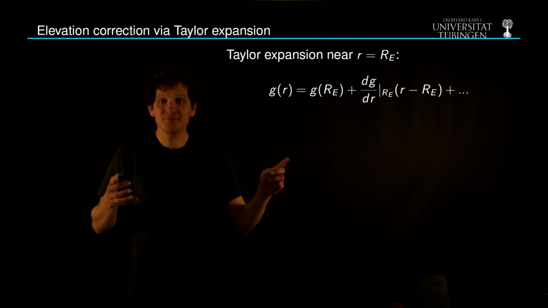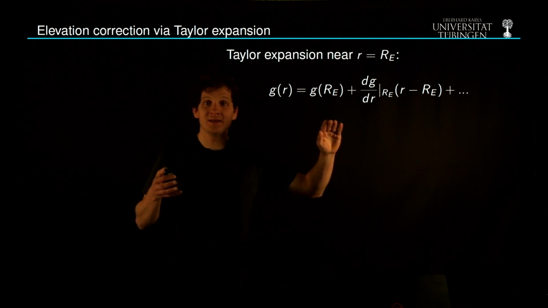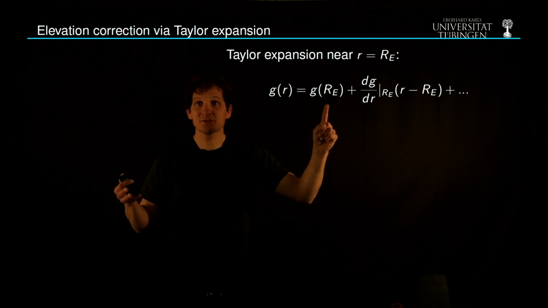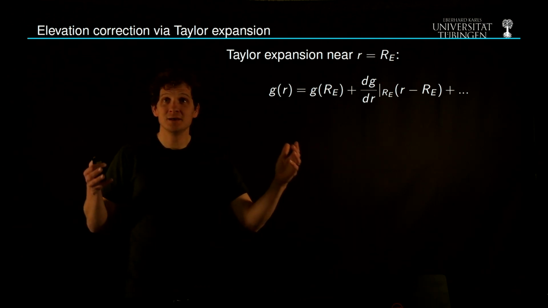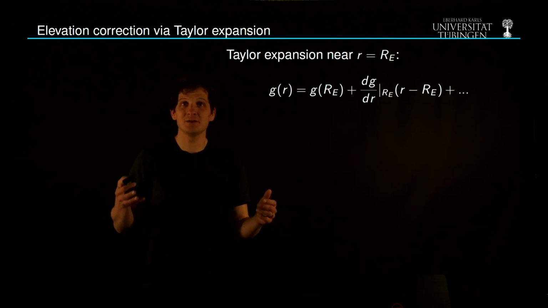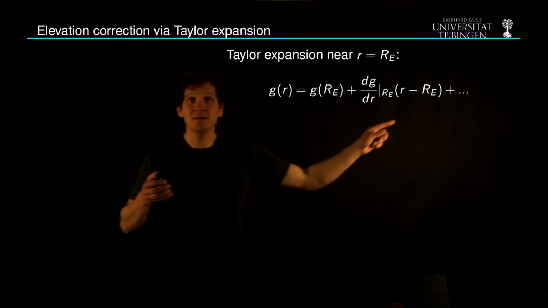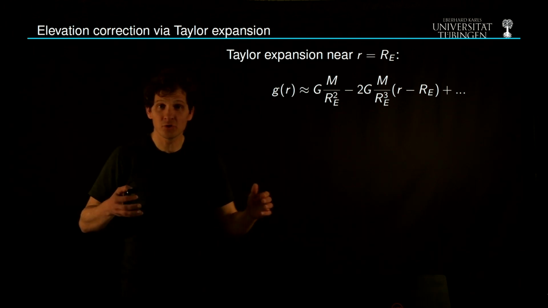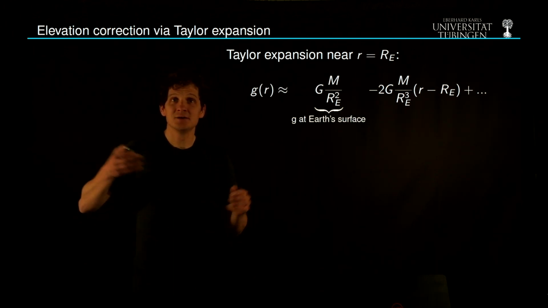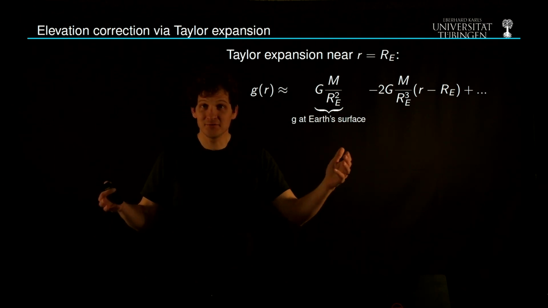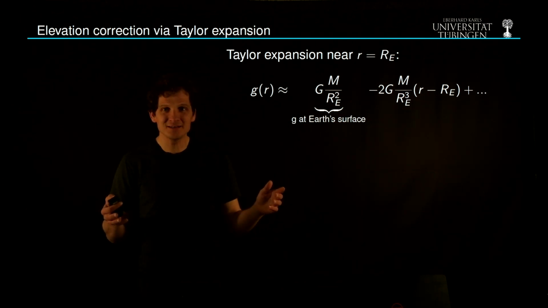We can derive such an expression via a Taylor expansion. And this Taylor expansion is centered at the Earth's surface, meaning at the location with the radius RE. So if we evaluate these first terms of this Taylor series, we arrive at the mean acceleration at the Earth's surface. Absolutely no surprises here.